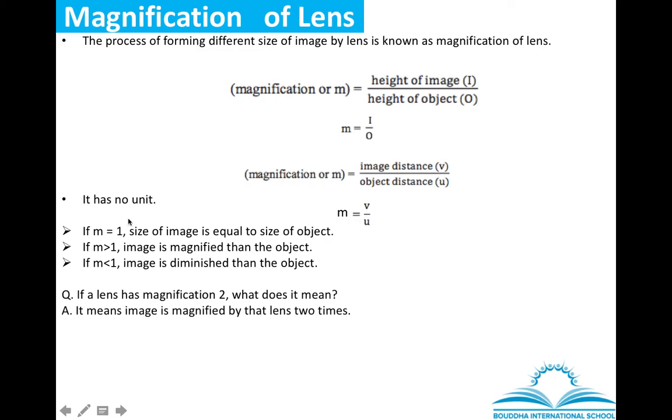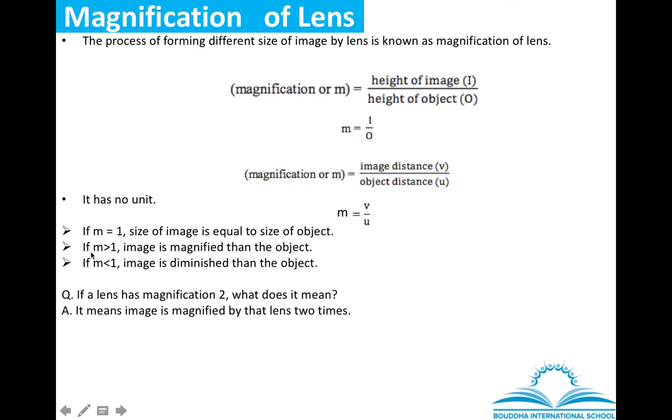Normally magnification has three possible values. It can be equal to 1, less than 1, or more than 1. If the value of m comes exactly 1, the image size is equal to the size of the object.